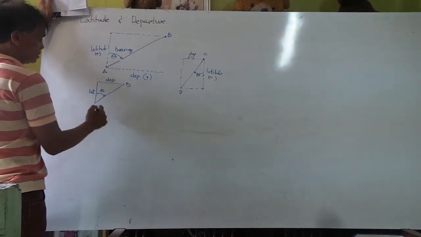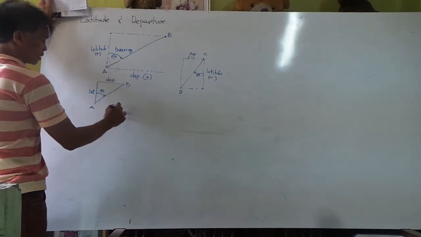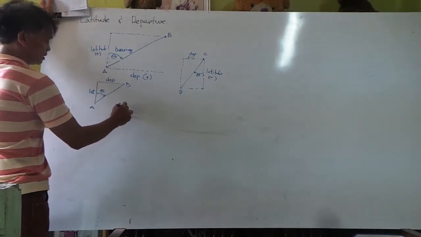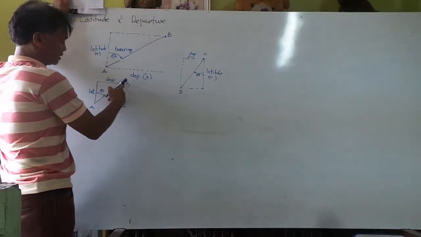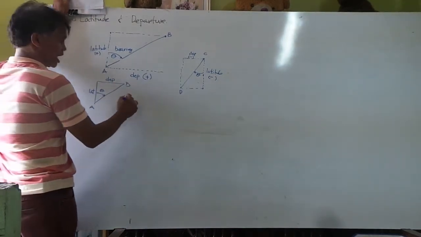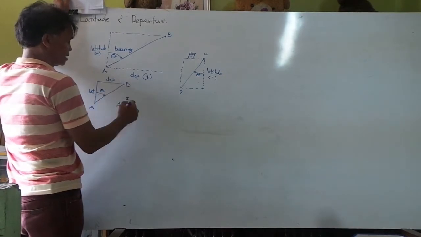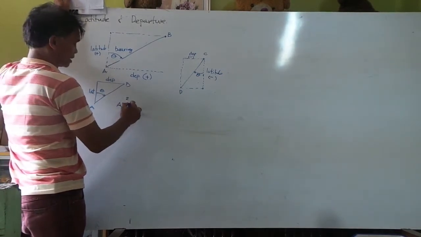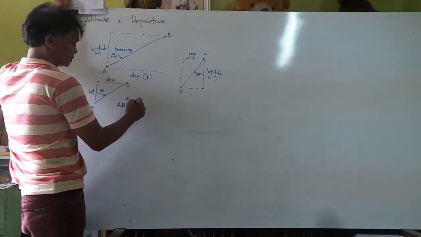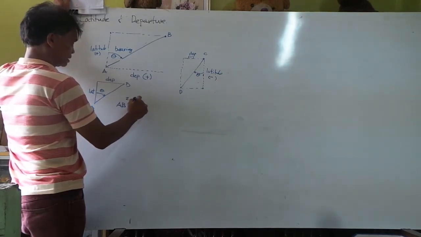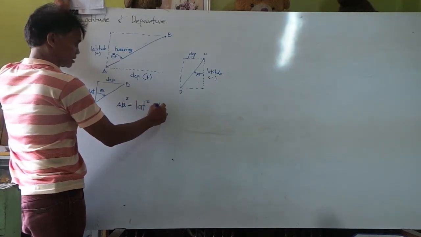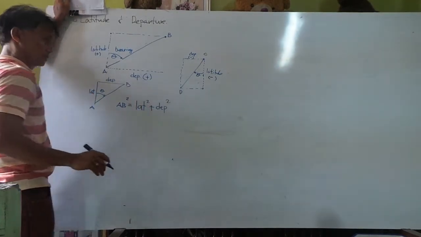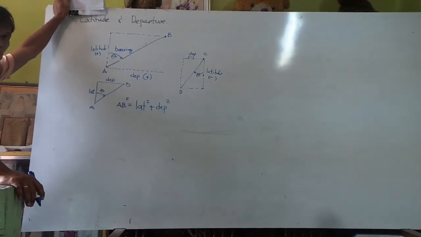From this triangle, we can see that this is a right triangle, so line AB is the hypotenuse. Line AB squared is equal to latitude squared plus departure squared, the Pythagorean theorem.